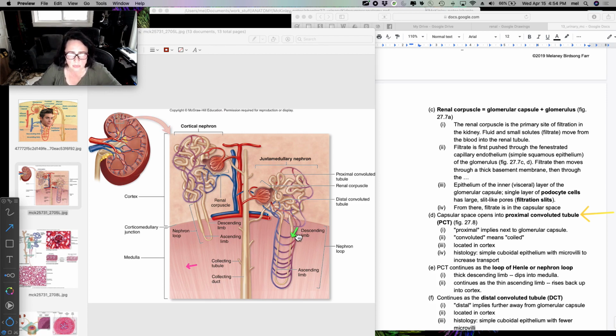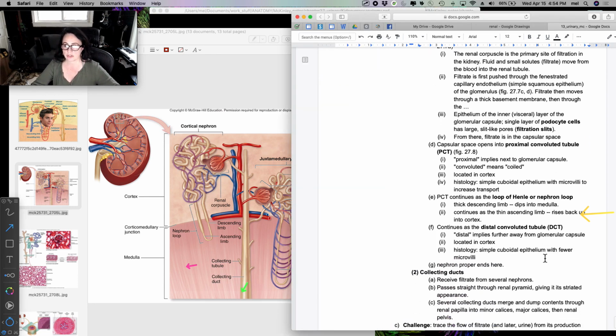It will lead to the descending limb of the nephron loop, also called loop of Henle, and then up to the ascending limb of the nephron loop. And then it will lead to this distal convoluted tubule, which, if you follow it really well, will dump right back into this guy right here, which is the collecting duct. So let's look at it in the notes, and then we'll look at the animation too.